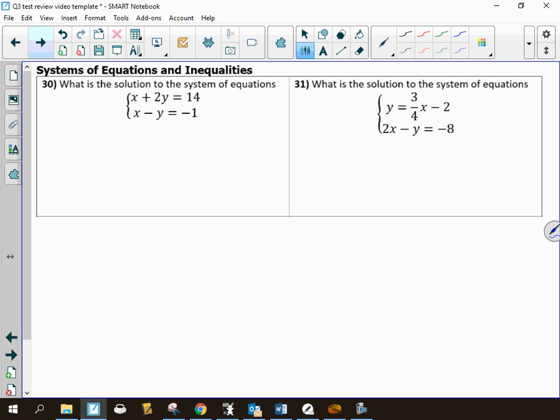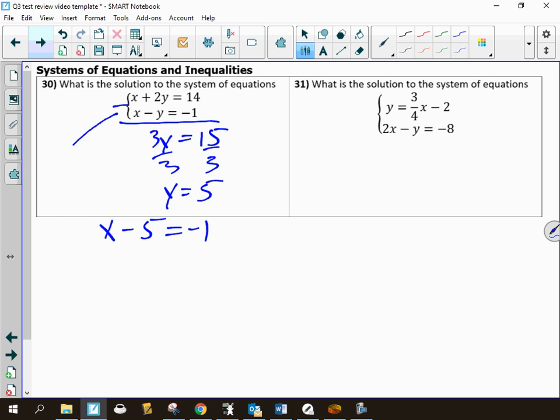In number 30, the coefficients of x are the same, so I will subtract the two equations. x minus x is 0. 2y minus negative y is 3y. And 14 minus negative 1 is 15. I just divide both sides by 3, and I get y equals 5. So x minus 5 equals negative 1. So I can sub in this equation. Add 5 to both sides, and I get x equals 4. So my solution is 4, 5.